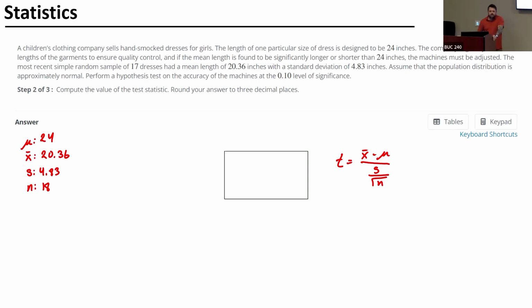By the way, if you remember, to find out all conditions are met, you have to have samples over 30 or what? Yeah, right there. That's how come they put that there. Approximately normal. If you're less than 30, your distribution has to be approximately normal. And if you're using your chart, your book, or the paper I give you, you're going to need degrees of freedom, which is always your n minus 1, which is going to be 16.